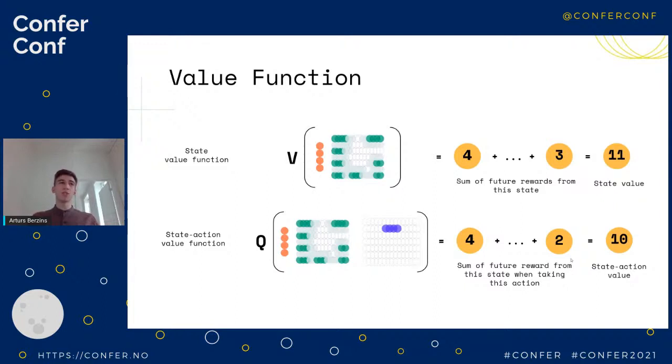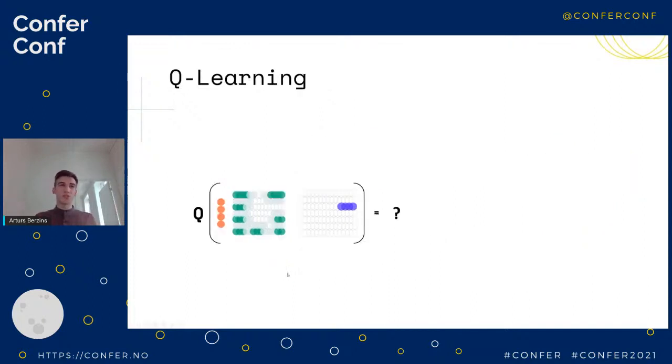We can write down these values both for states or state action pairs. If we knew all these state action pairs, which we call the Q values, the problem would actually be solved, because in any given state, we would pick the action that has the largest Q value. But of course, we don't know them. We have to learn them.